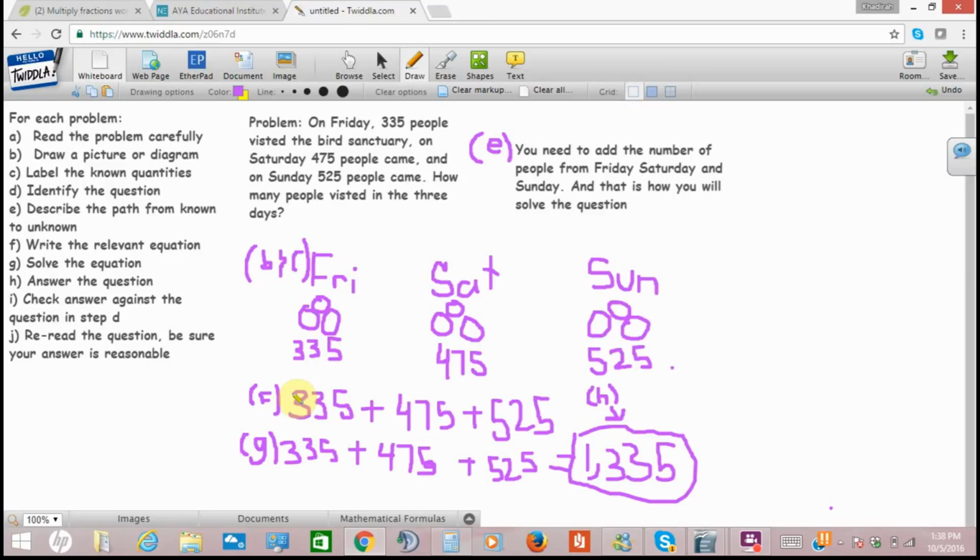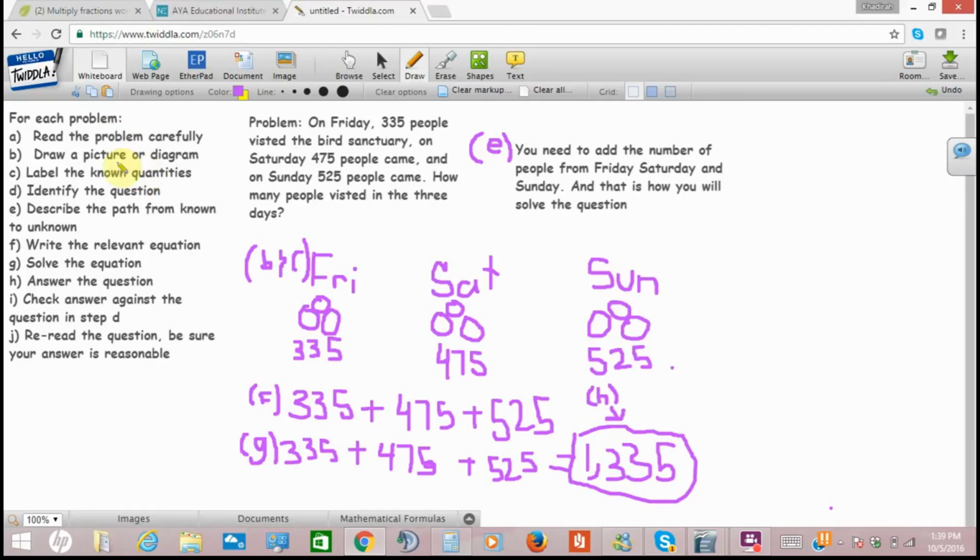Now I think that my answer is reasonable because it follows the steps, and in order to figure out how many people were there, you have to add up the numbers of the people who came on each day, which is what we did, as you can see here, the 335 plus 475 plus 525, which is equal to 1,335.